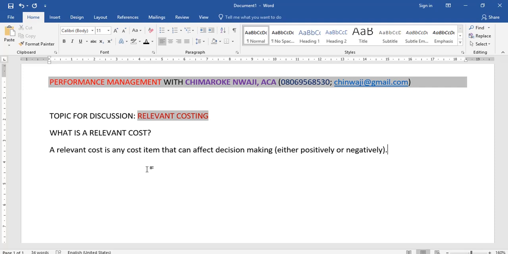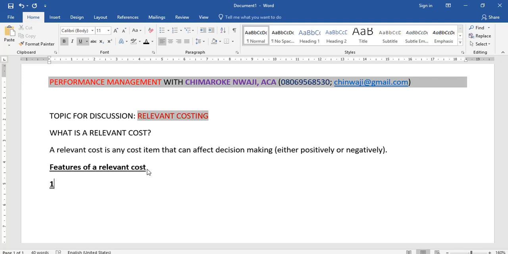So, what are some examples of relevant costs, or features of a relevant cost? So what are the features of relevant costs? Let's look at a few of them.